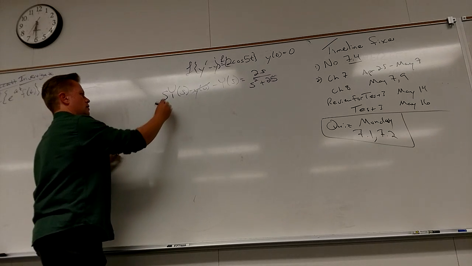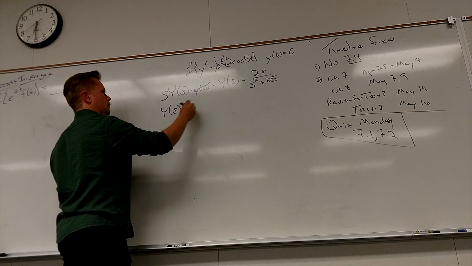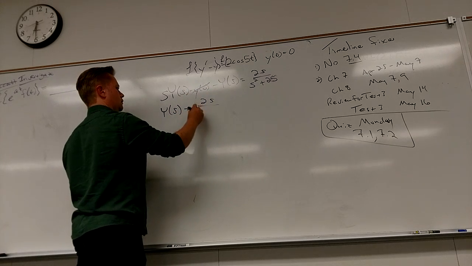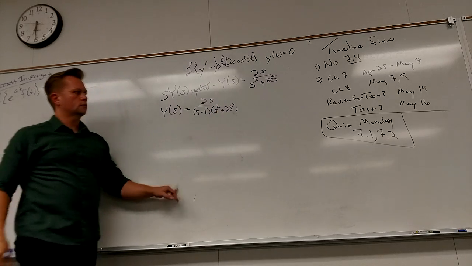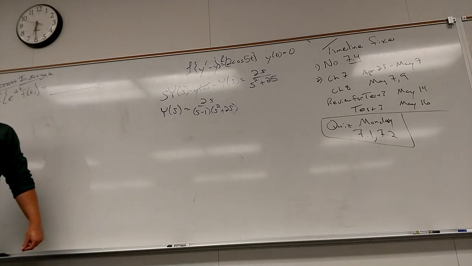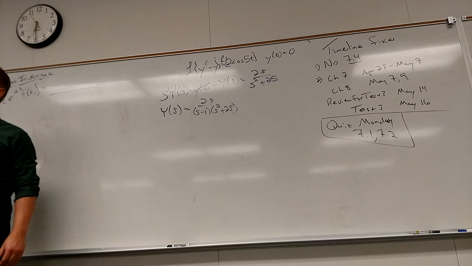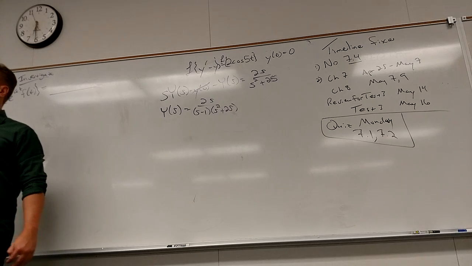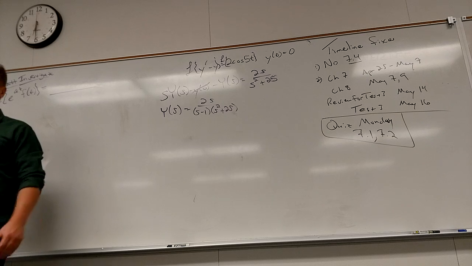So you get Y(s) times s minus 1, so then I'm just going to divide over there. And then guess what? Or don't guess.